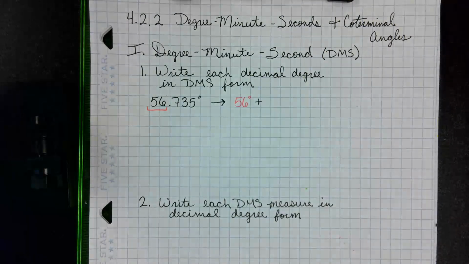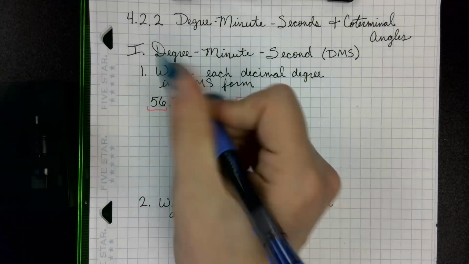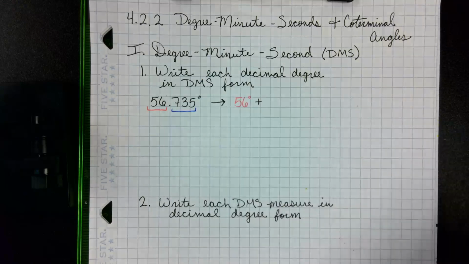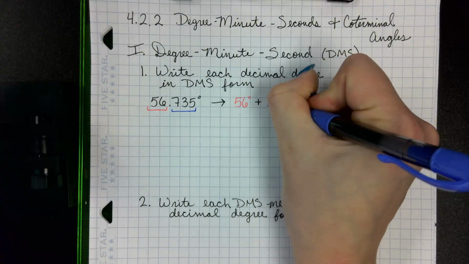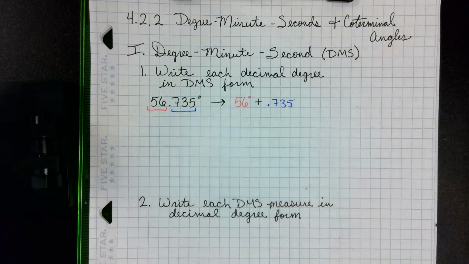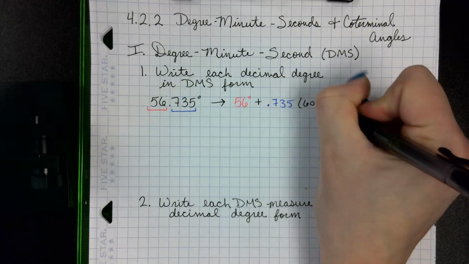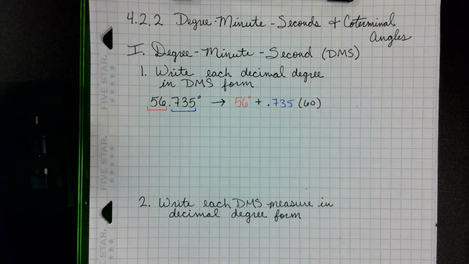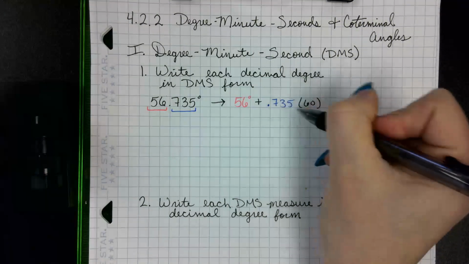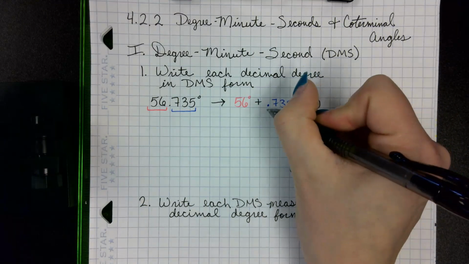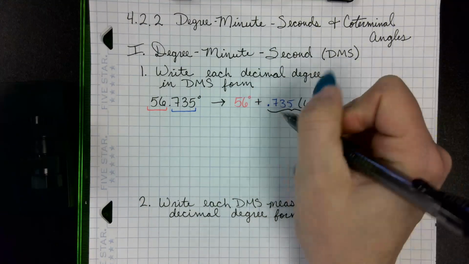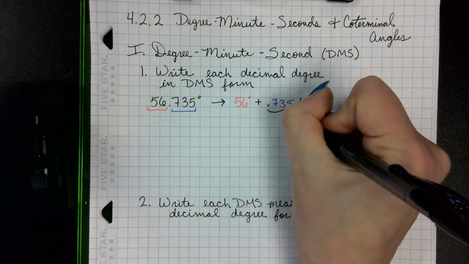And then I'm going to take the decimal part, the 0.735, and I'm going to multiply it by 60. Just like there's 60 seconds in a minute, 60 minutes in an hour. Since we're turning it into minutes, we're going to multiply by 60. So 0.735 times 60 gives me 44.1.